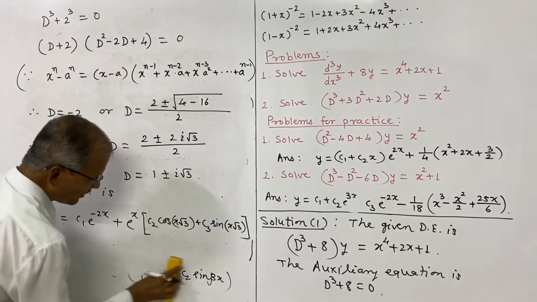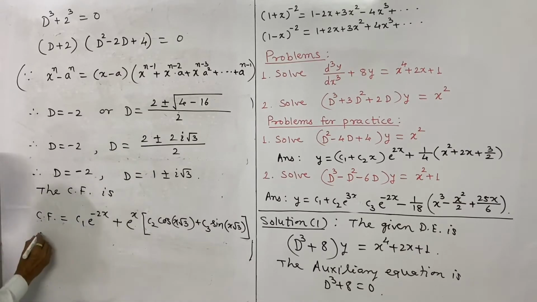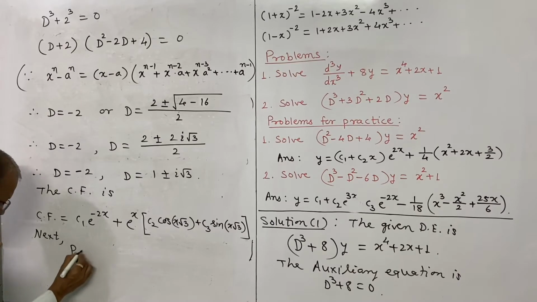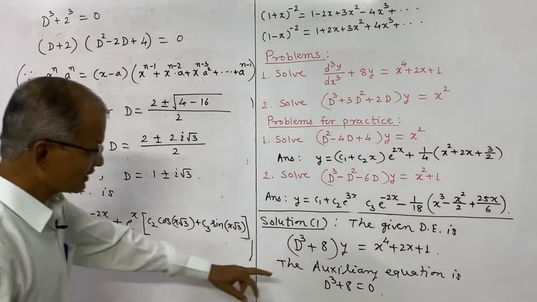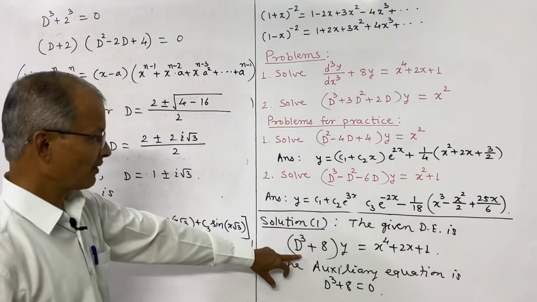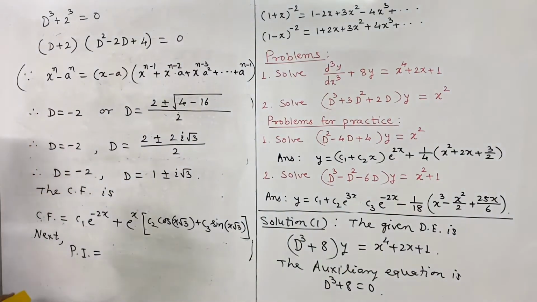After getting the complementary function, we proceed to find the particular integral. Next, PI we know is 1 upon f(D) over y is equal to x, and what is f(D)? f(D) is D cube plus 8. See, this is f(D) y is equal to x power 4 plus 2x plus 1, and that is from this equation.